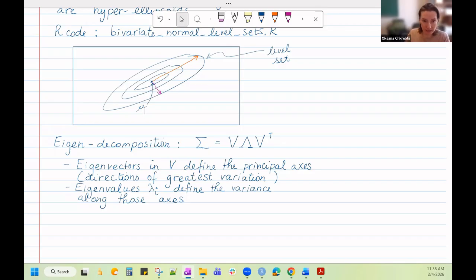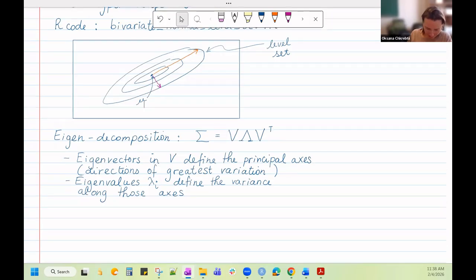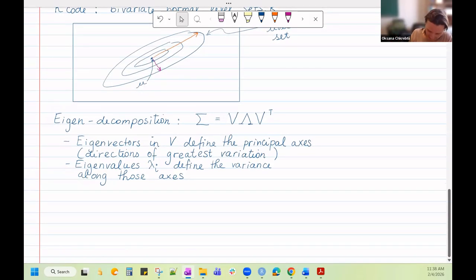Next, let's talk about some properties of multivariate normal random vectors or random variables. So these are going to be crucial for doing inference on Gaussian processes.